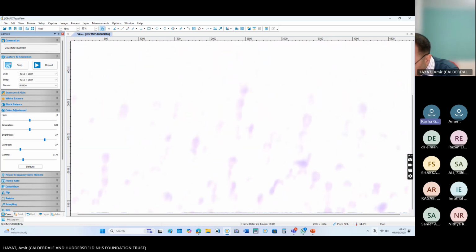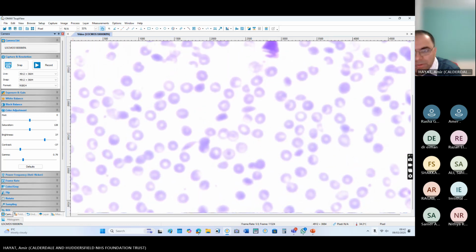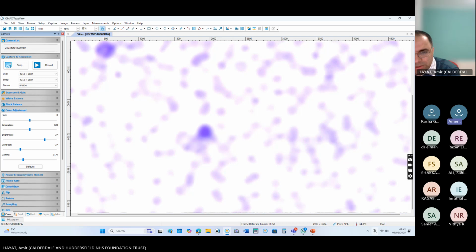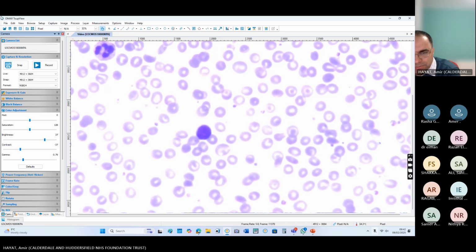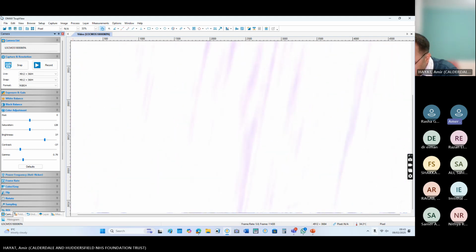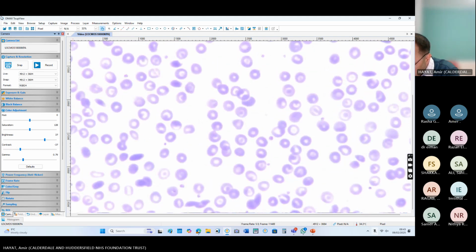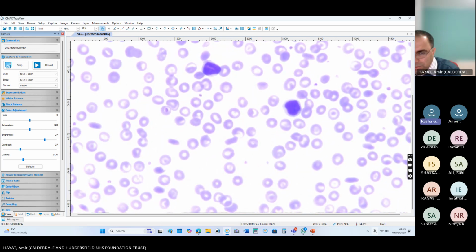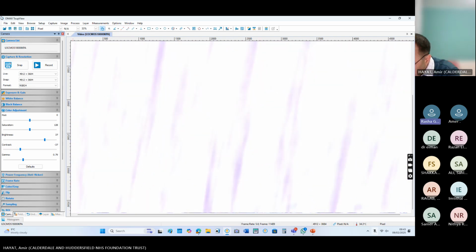Activated reactive lymphocytes. Platelets are how much? Platelets are 160. If you can comment on the white cells, that is fine; if not, it is not an issue. I think activated and reactive lymphocytes.